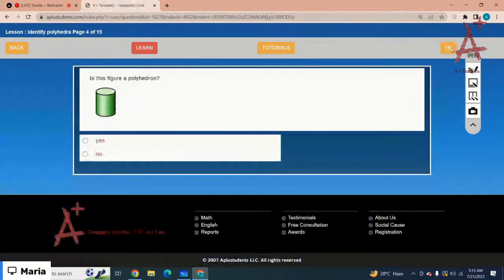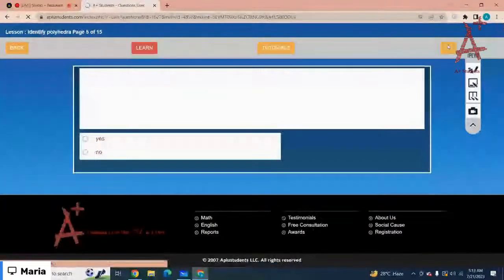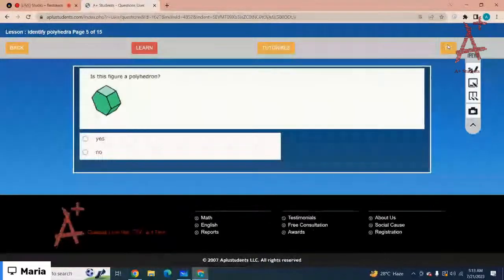Is this figure a polyhedron? No, this is the cylinder. Is this figure a polyhedron?